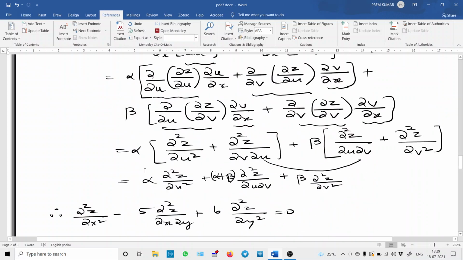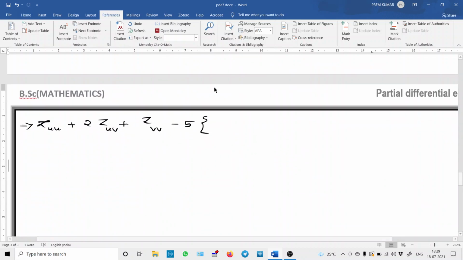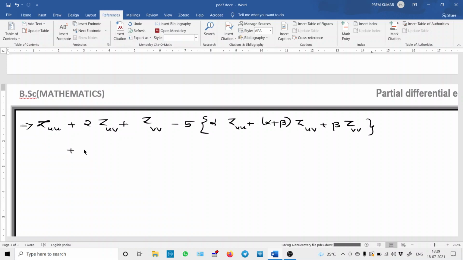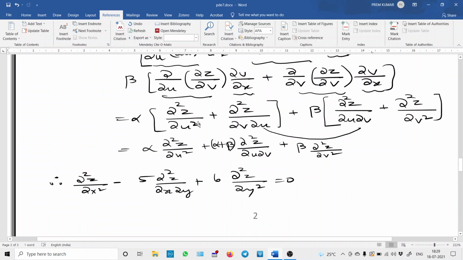This is nothing but this term, that is alpha times z_uu plus alpha plus beta times z_uv plus beta times z_vv, plus 6 times ∂²z/∂y², this term.